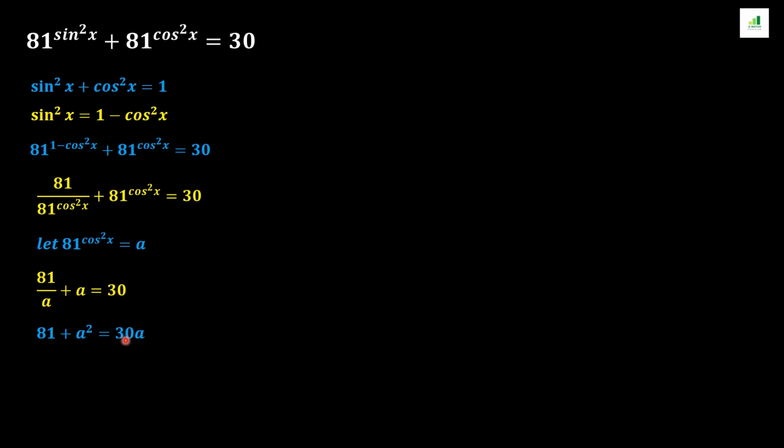Now this 30a will move to the other side of the equation and convert into minus 30a, and a square plus 81 will remain the same, and as a result we will get equal to 0 on the other side of the equation.